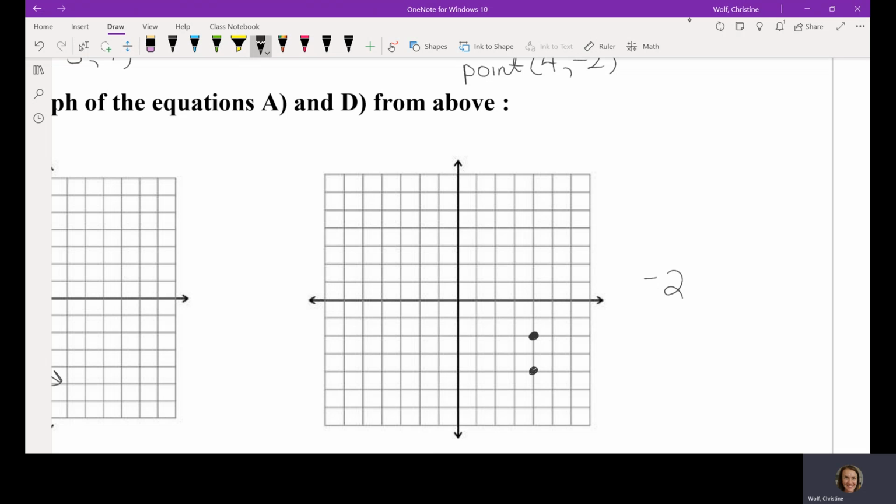They go down 2. Over 1, right? Every slope is actually a fraction. So it's -2 down and 1 to the right. Of course, you can always flip that negative to the 1, which would mean you would go up 2 and to the left 1. Join your 3 dots, put arrows on the ends, and there's the line of that equation.